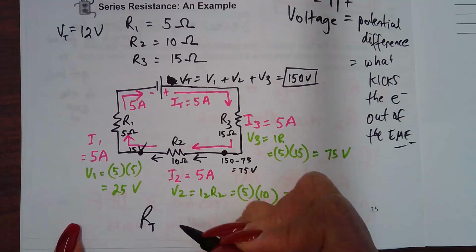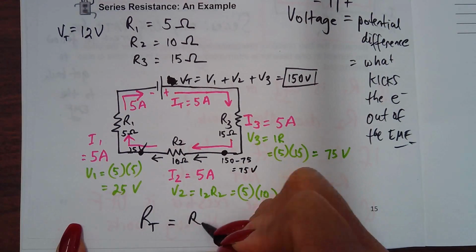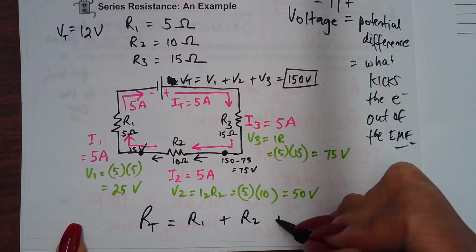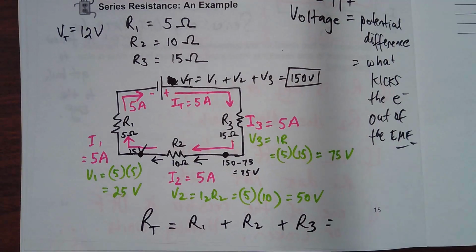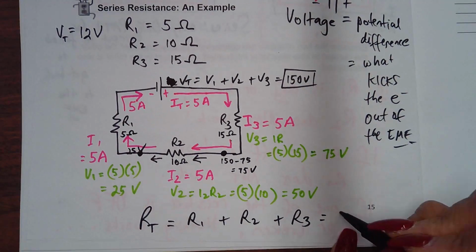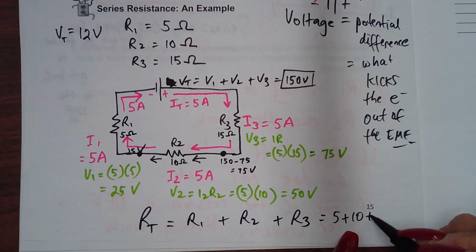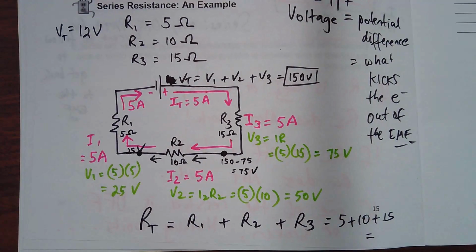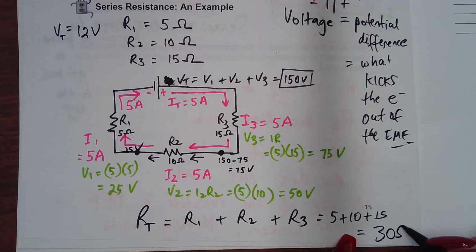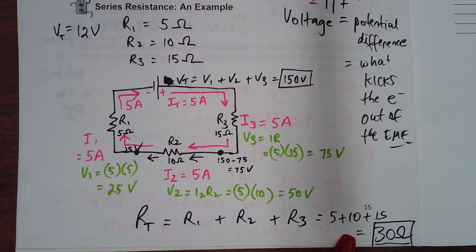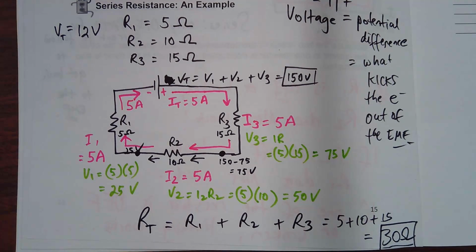RT is the total resistance of this. It will be R1 plus R2 plus R3, which is 5 plus 10 plus 15, which is 30 ohms. So we have a total of 30 ohms. The entire circuit is going to resist with 30 ohms of resistance.